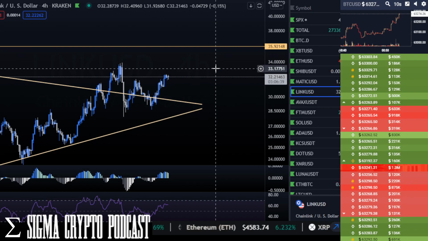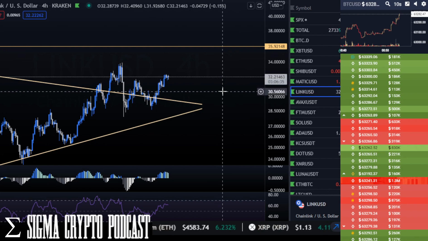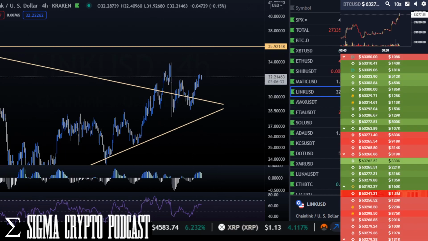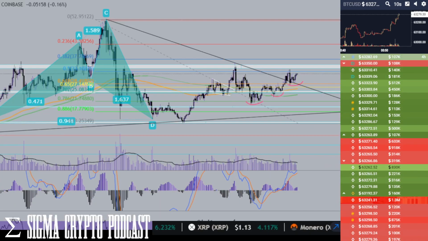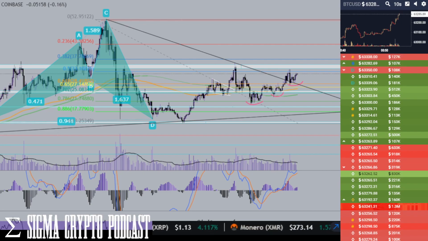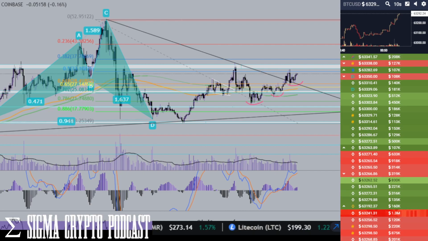Yeah, I plotted that. Then on the daily, we had that bullish shark that's still kind of in between. But you have the three rising valleys on the daily, and the third valley is confirming right now, it looks like. If it can do that and break above 35, yeah, that's probably good.